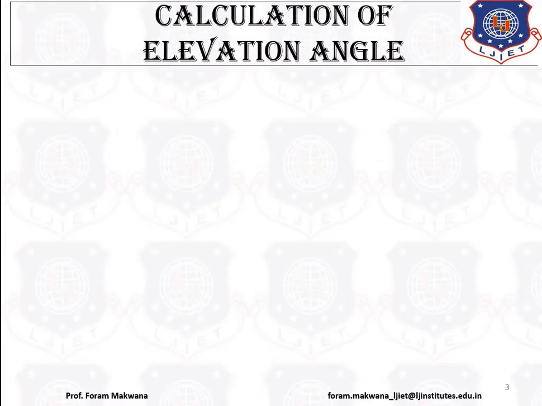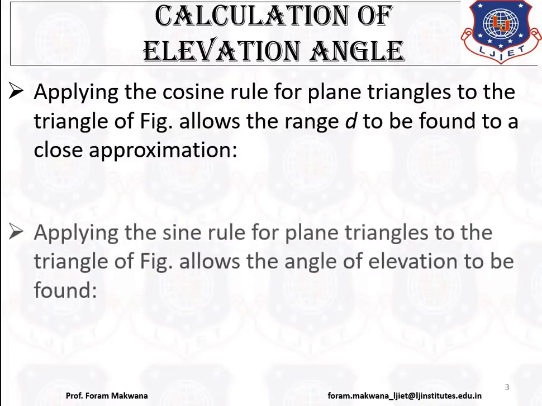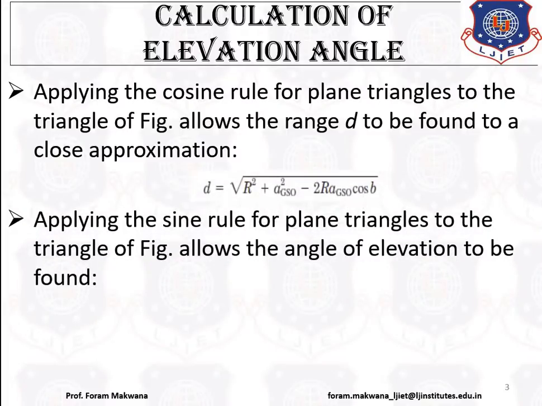Now, first of all, we know that elevation angle is the vertical angle, which is measured between the satellite and the subsatellite point with respect to the center of the earth, right? So how is it going to be calculated?